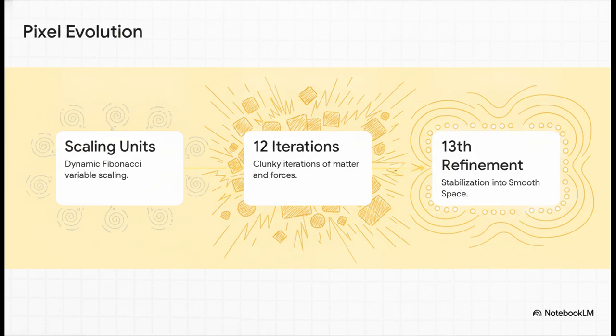We're talking a messy soup of raw matter crashing around in chaotic fury. But then, the magic happens, the 13th refinement. The whole cosmic engine just smooths out. The ratio locks in perfectly at exactly 1.618, and that initial chaos beautifully stabilizes into the smooth space, or the vacuum manifold that we all gracefully float through today.